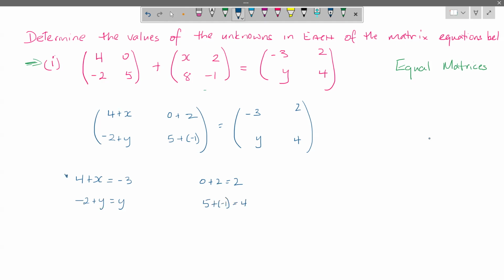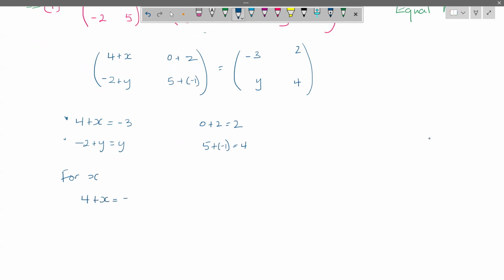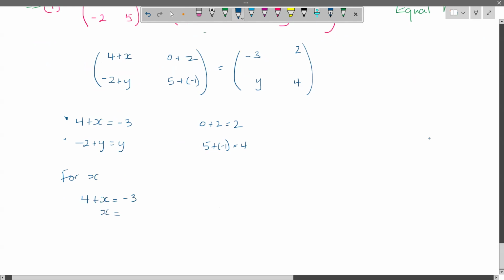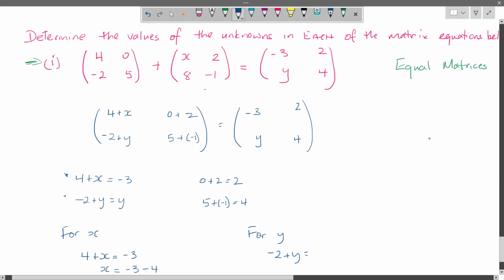So we want to work out this and this, right? So for x, we get 4 plus x is equal to -3. So x is going to be -3 minus 4. x is equal to -7. And then for y, because you see two y's here, don't let it confuse you. Did I write something wrong?